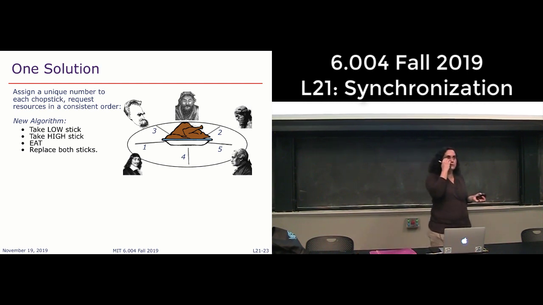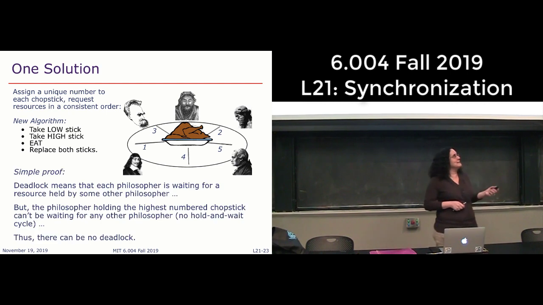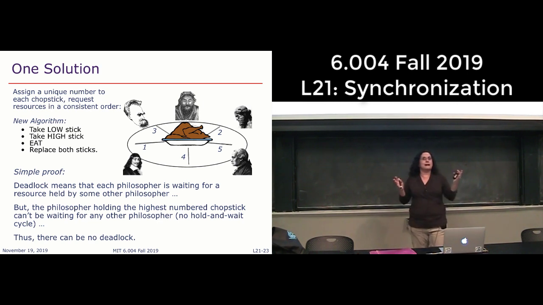By making this simple change, we're guaranteeing that there's no longer a possibility of deadlock, because whichever philosopher happens to have gotten the 5 chopstick is definitely not waiting for anything else, because it also got its lower value first.